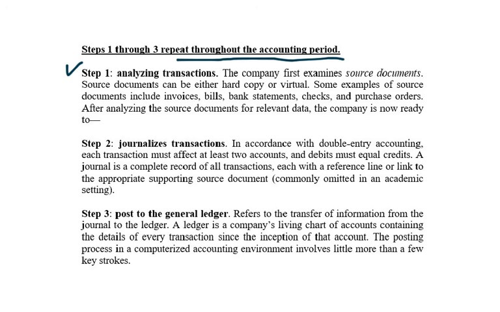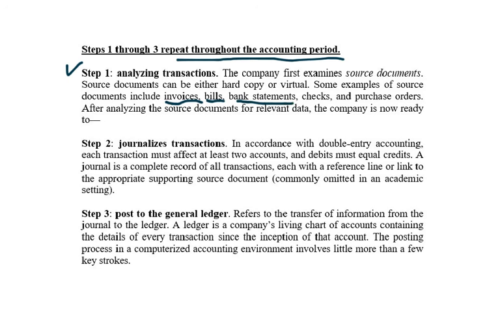So it could be, and again, I suggest it doesn't have to be something that's in hand. It can be virtual as well. That's what you have in the modern work environment, a lot of virtual documents. So some samples there would include invoices. Anytime you buy something, usually you'll have an accompanying invoice that describes what did you buy, how much did you pay for it, and also maybe a breakdown of what your costs are. So that's an important thing. Maybe just a bill for something, like a bill for utilities.